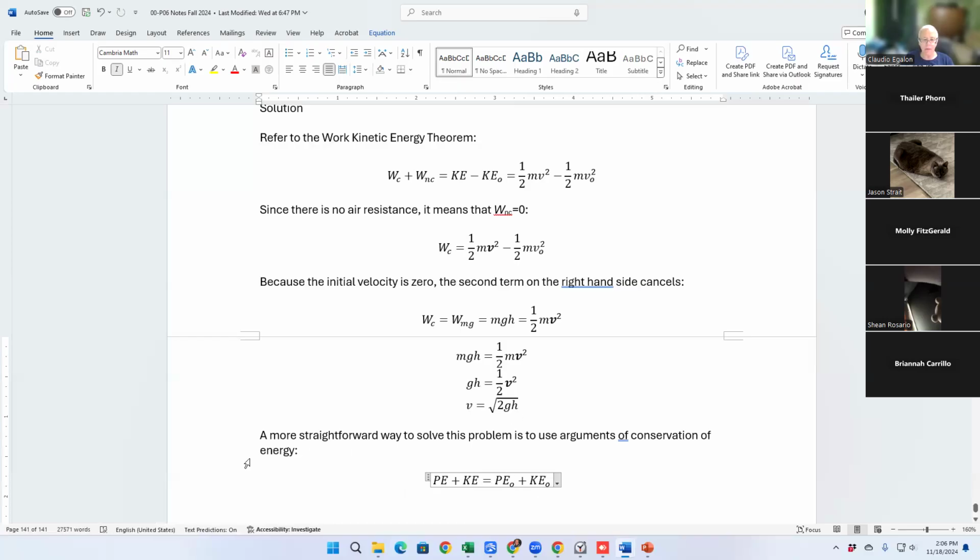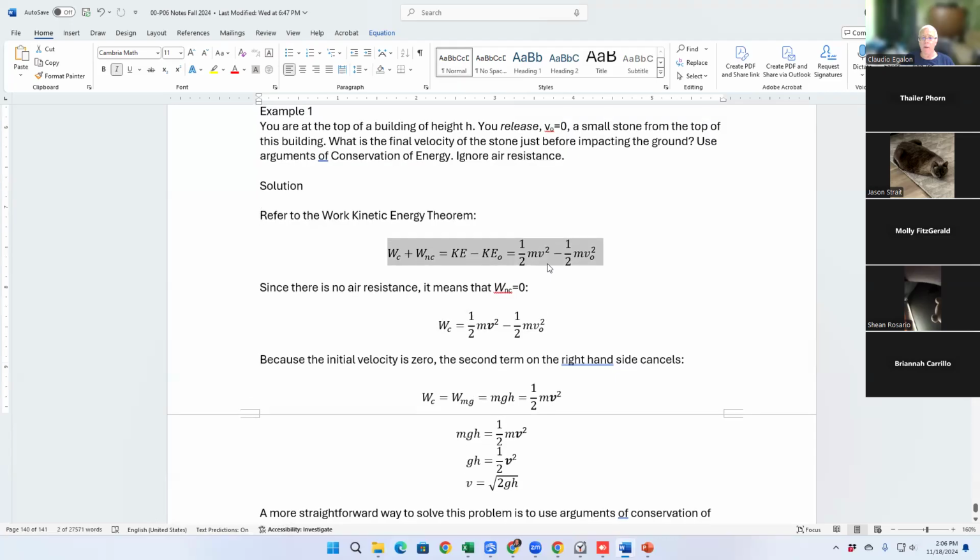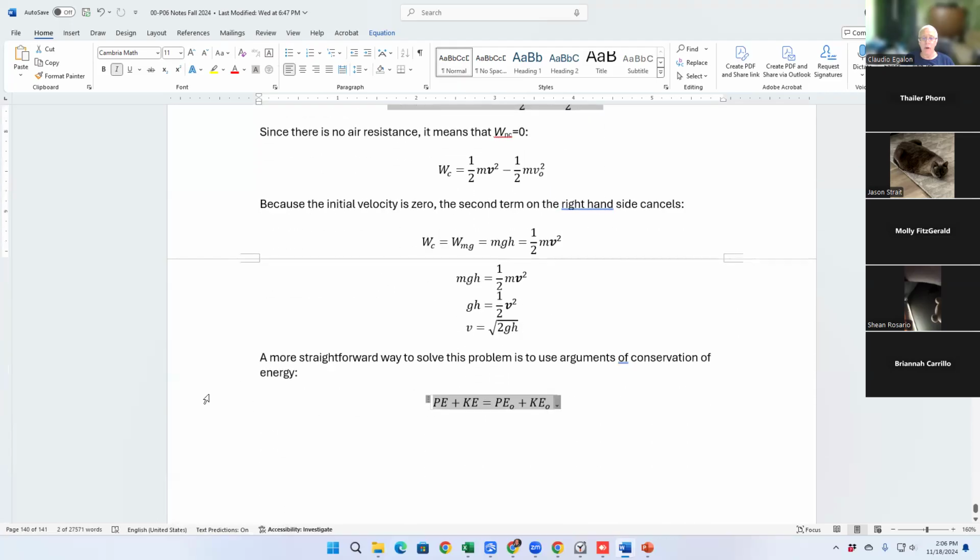This equation that you see right in here is a consequence of this one that you see right in here. Okay? Since the work done by the non-conservative force is zero, we do have conservation of energy. So this equation here holds.